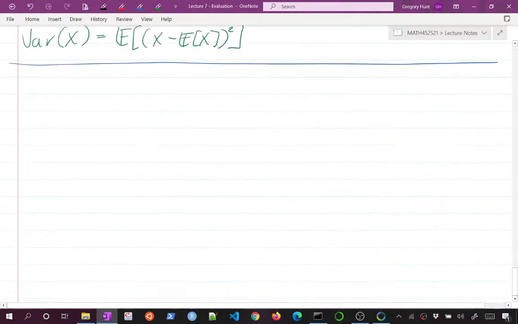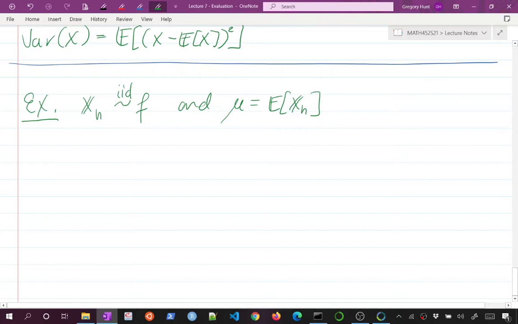Okay, let's grab an example here. Let's assume we have some data from some unknown distribution, but we know that the mean of each of these x sub n's is mu, and we'll call the variance of each of these x sub n's sigma squared.